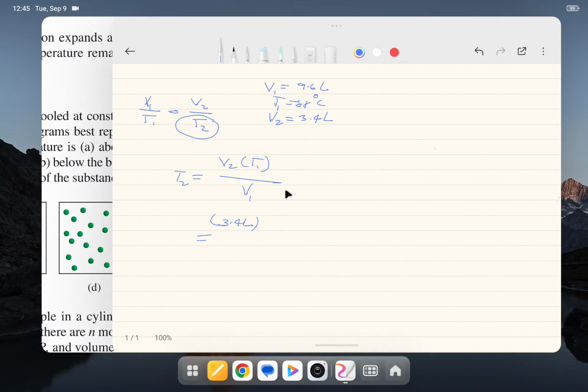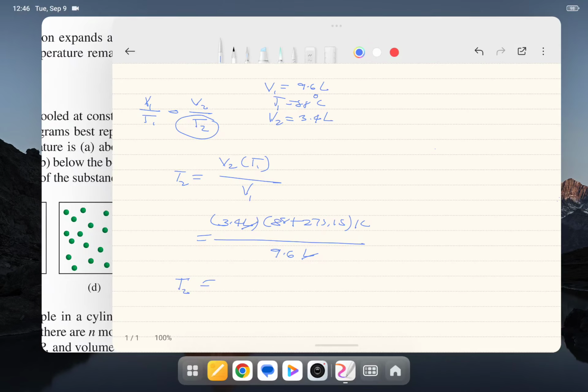For gas laws, you should be using your absolute temperature, so for an SI unit, it should be in Kelvin. So you have to add 273.15, so that would be Kelvin now. Then you divide it by V1, 9.6 liters. You can cancel out the liters, thereby having a unit of Kelvin for your T2.